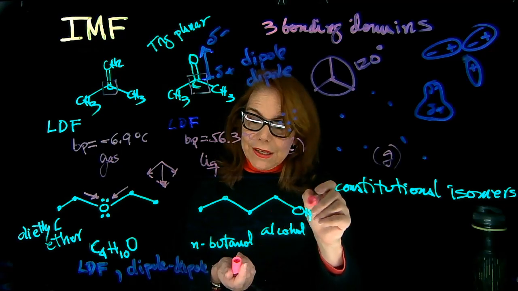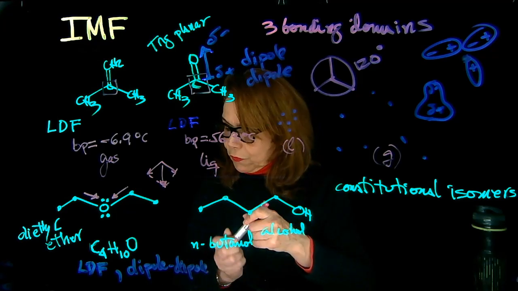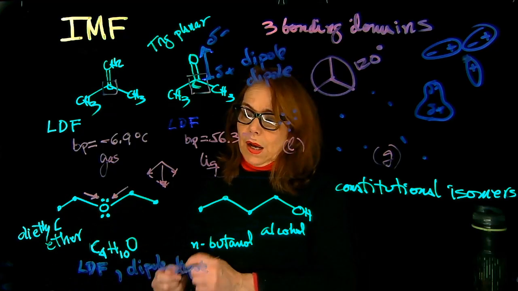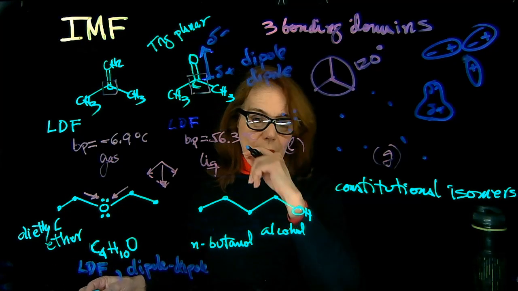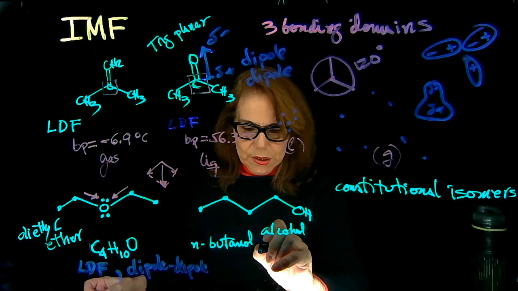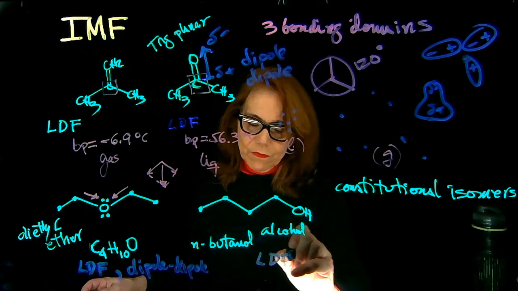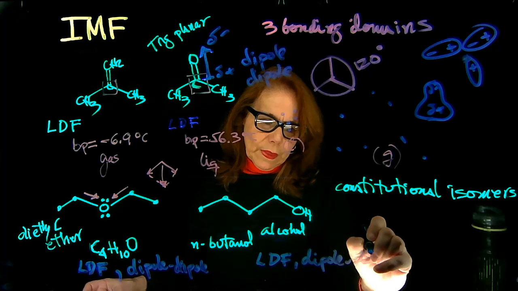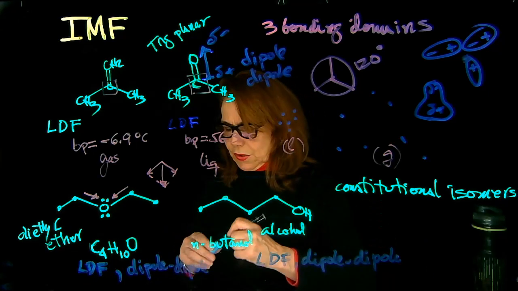Now, let's see what intermolecular forces are present in butanol. Again, you will have London dispersion forces, with fleeting dipoles in this part. You will also have dipole-dipole, because you have polar bonds.